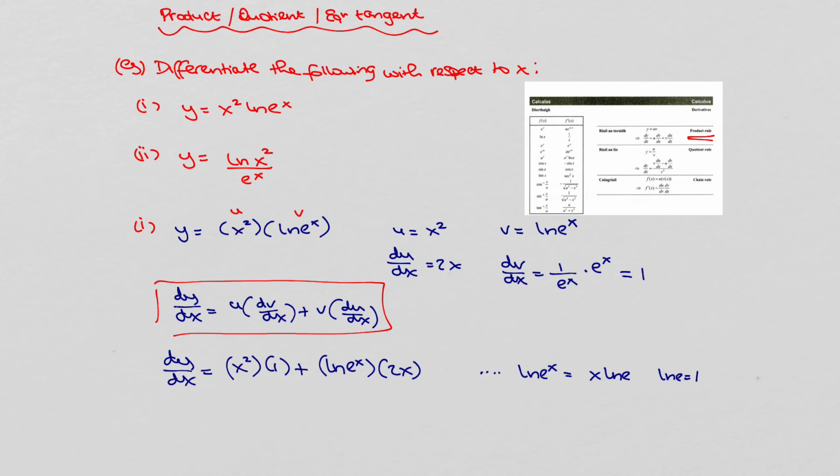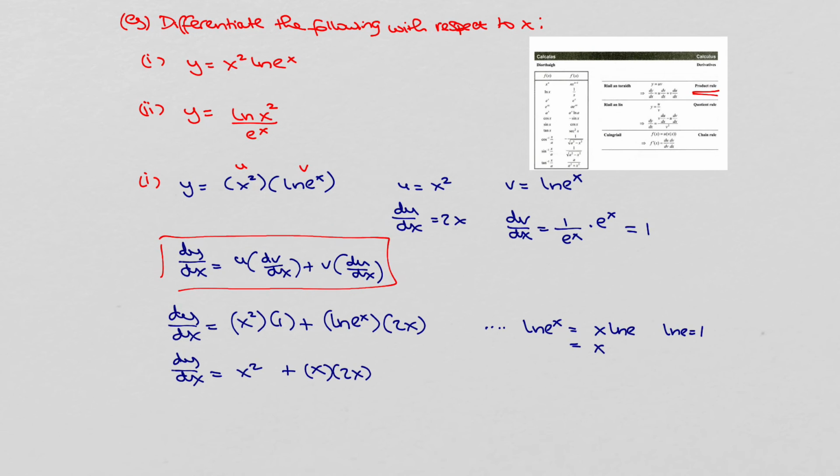So natural log of e to the x is simply x. Therefore dy dx is equal to x squared plus x times 2x, which is 2x squared. So we end up with x squared plus 2x squared, which is 3x squared.